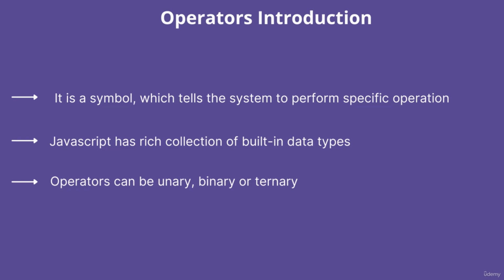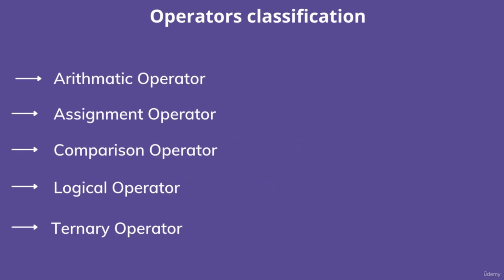In JavaScript, we have a vast list of operators, and using individual operators we can perform specific tasks. On the basis of the operands, these operators can be classified as the unary operator, meaning a single operand operator, the binary operator, meaning the operator has two operands, or the ternary operator, meaning the operator has three operands. But functionally we can classify them into these categories, such as the assignment operator.